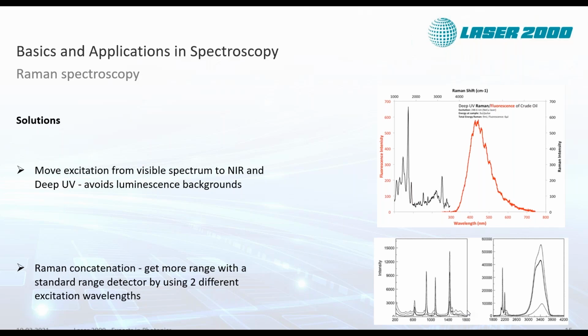680 nanometers. And there, this excitation difference leads to the point that you get another Raman spectrum of the same sample that starts, relative to your now shorter excitation wavelength, farther away, exactly at the point where the other spectrum stopped.